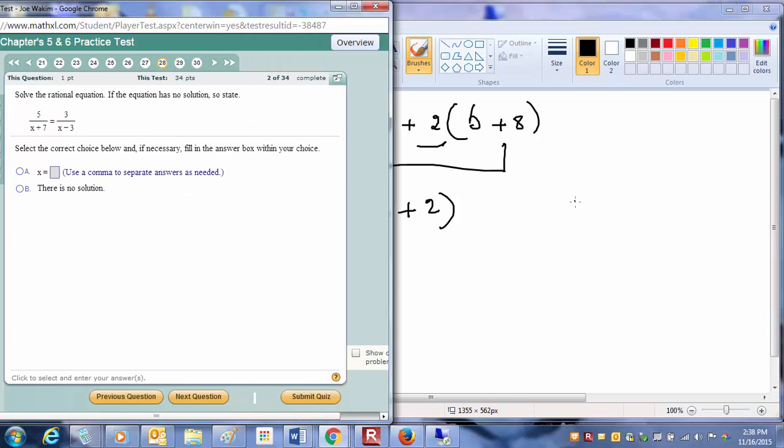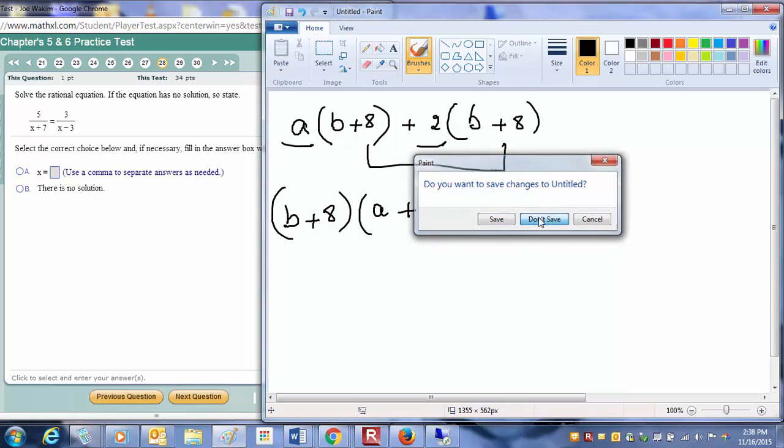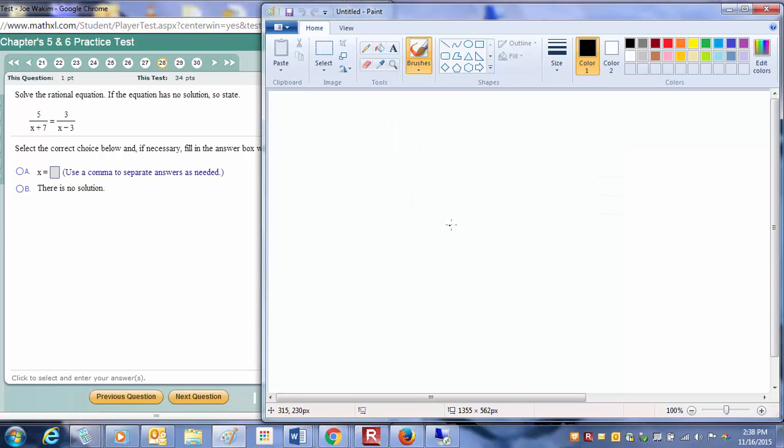Let's try number 28. Solve the rational equation. The best way to solve this rational equation is by cross multiplying. You can cross multiply every time you have a fraction equal to a fraction. So 5x minus 15 equals 3x plus 21.